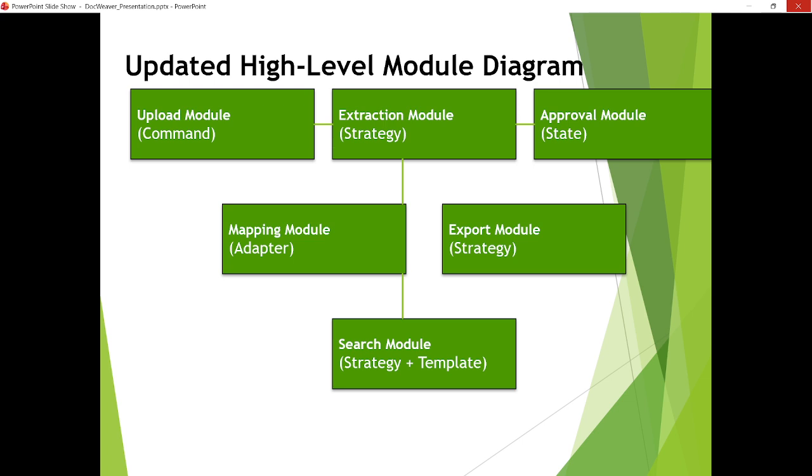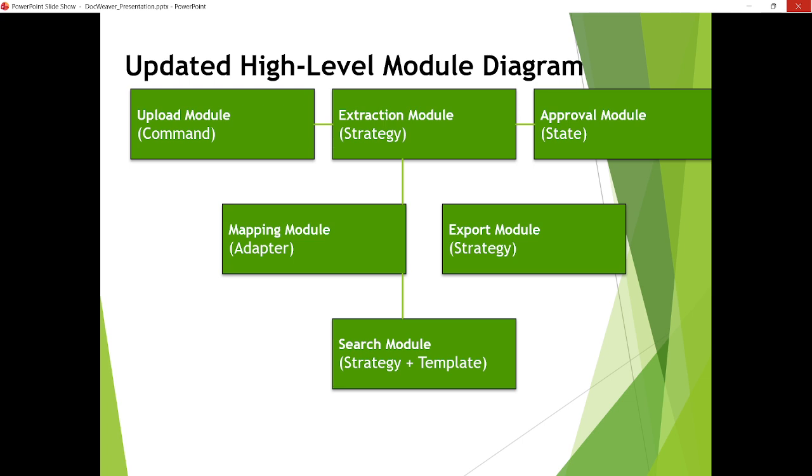Number three, the approval module. It uses the state pattern to represent the lifecycle, such as review, approved, exported. Number four, the export structured data module, uses the strategy pattern like JSON or CSV.